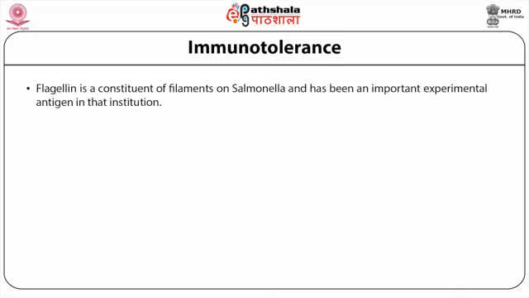The work with this experimental antigen was carried out while establishing clonal selection theory. Hence, flagellin was available in pure form both as monomer and as multimer. Albumin and gamma globulins were also available in pure form to be used as antigens.